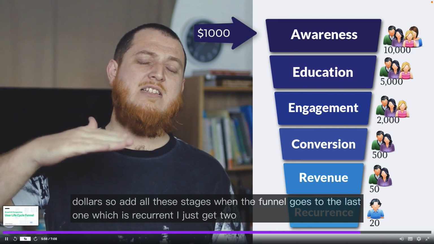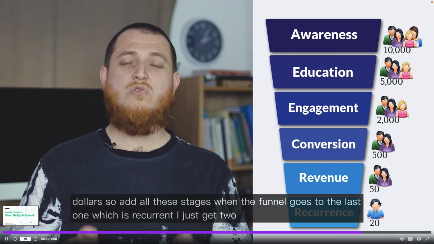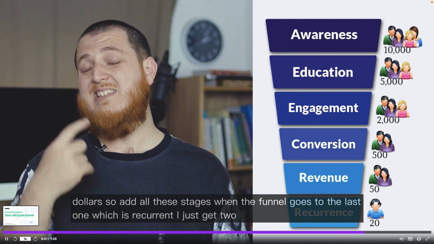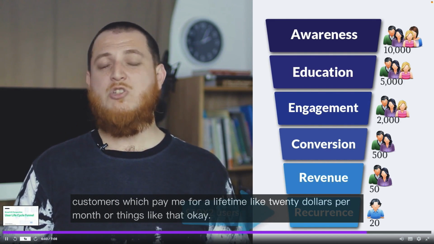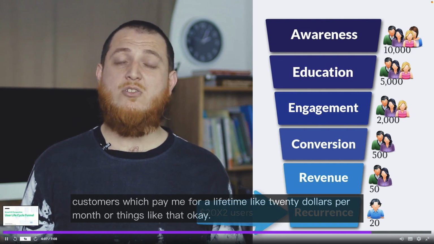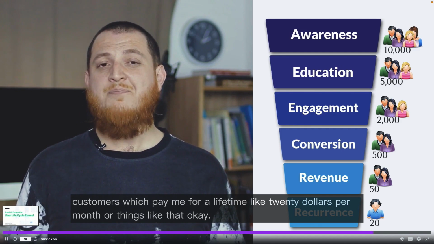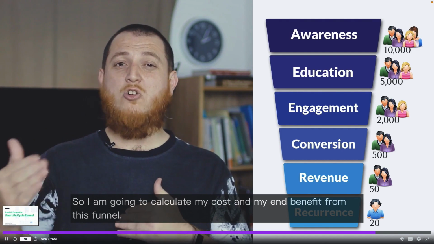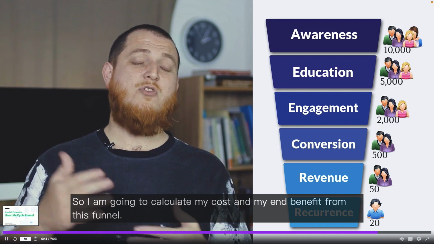So at all these stages, when the funnel goes to the last one, which is recurrent, I just get 2 customers who pay me for a lifetime, like $20 per month or things like that. Okay, so I am going to calculate my cost and my end benefit from this funnel.